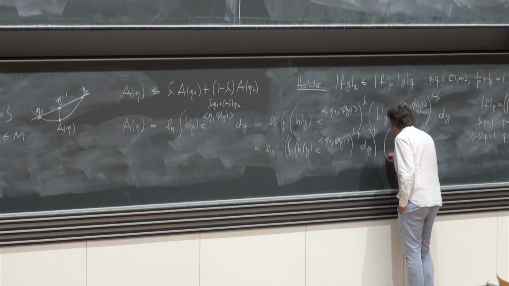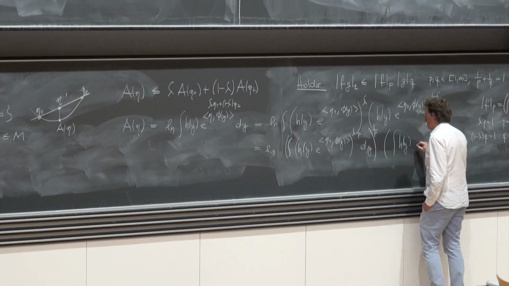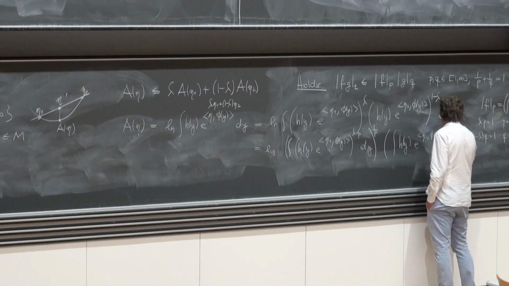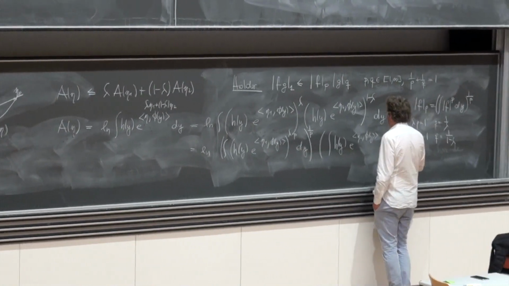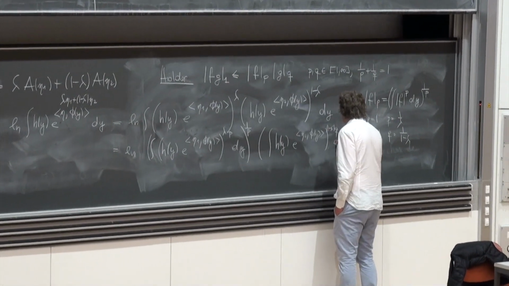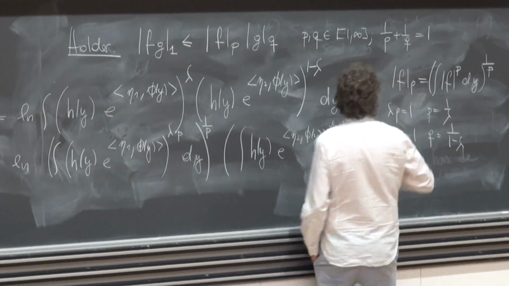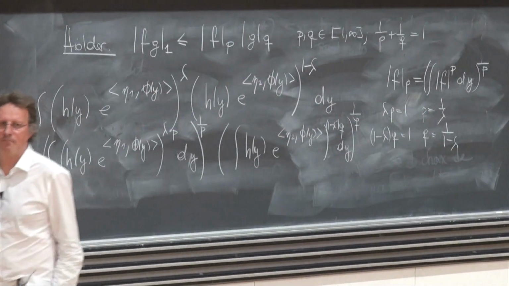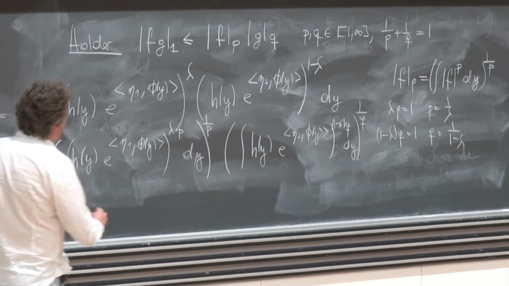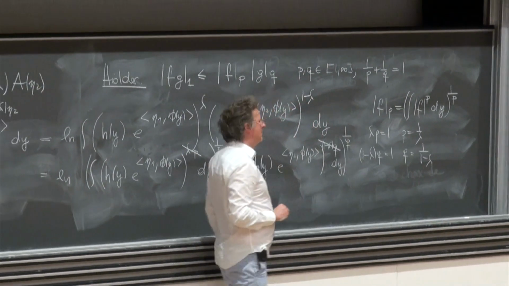And then I have the other part, which is the integral of h of y e to the eta 2 times phi of y, to the power 1 minus lambda times q, dy, to the 1 over q. Okay, looks complicated, but we chose it in exactly this way so that this thing cancels, it's 1. This thing cancels, it's 1.